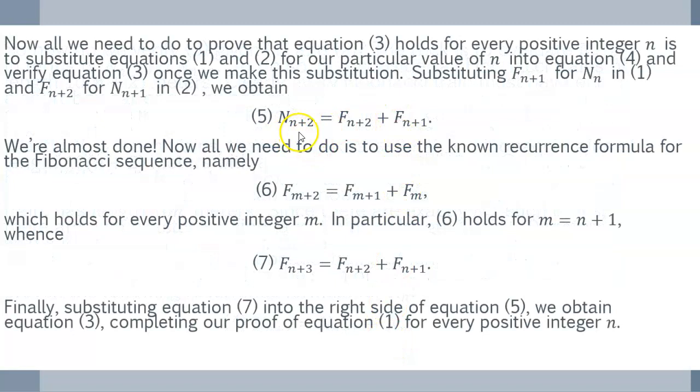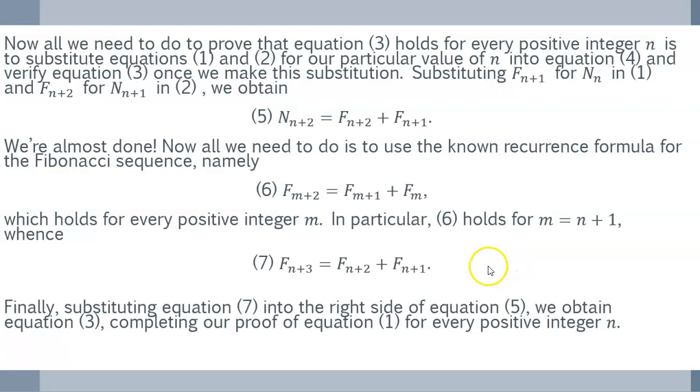So we have capital N sub n plus 2 is capital F sub n plus 2 plus capital F sub n plus 1. But now we're in business because we already know the recurrence equation for the Fibonacci sequence, namely this equation. For every non-negative integer m, this equation holds. That's the recurrence formula for the Fibonacci numbers.